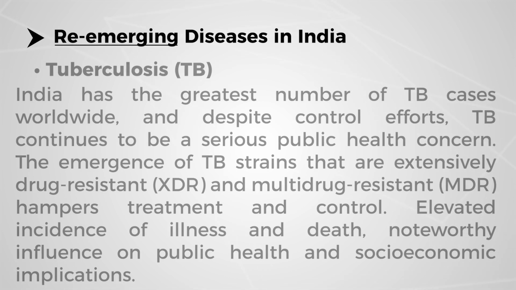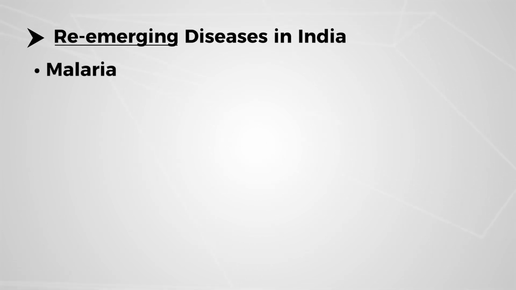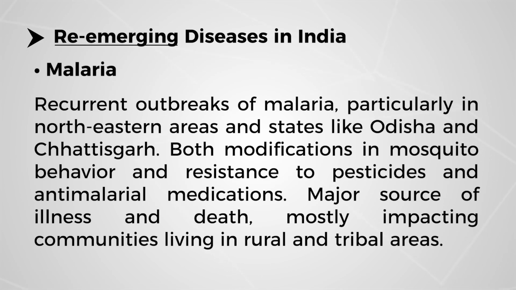Then we have another disease, malaria, with recurrent outbreaks particularly in northeastern areas and states like Orissa and Chhattisgarh. It is very serious because these are tribal-dominated areas, and sometimes people are not that aware of the disease, and even if they know mosquito bites cause malaria, they are still not taking care.